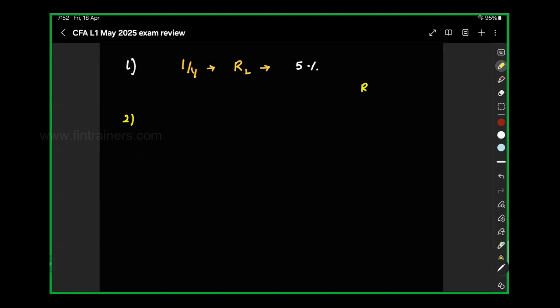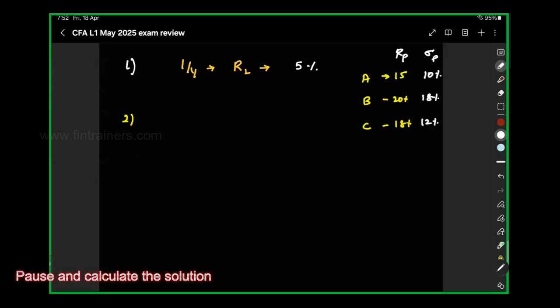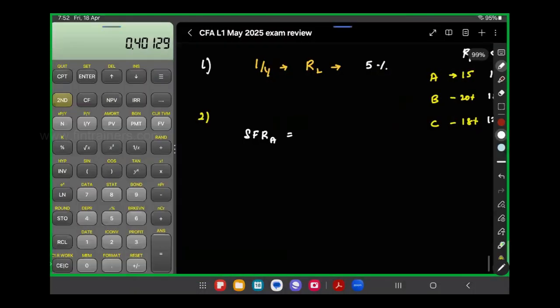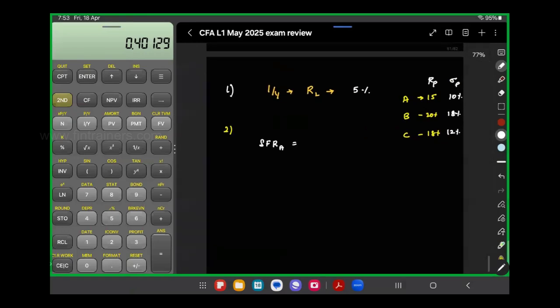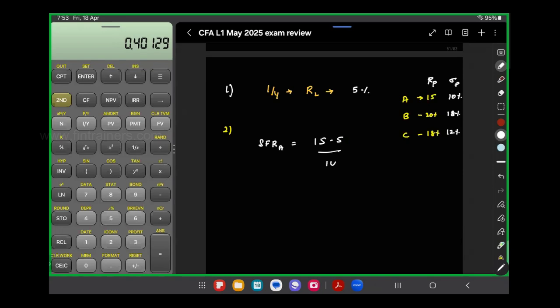For this, they will usually give a couple of portfolios and you will have to pick the one with the highest SFR. So they might say the RP is 15%, 20, and 18, along with the standard deviations. Now let's do the SFR computation, RP minus RL divided by standard deviation. RP for the first one is 15 minus 5 divided by standard deviation of 10.